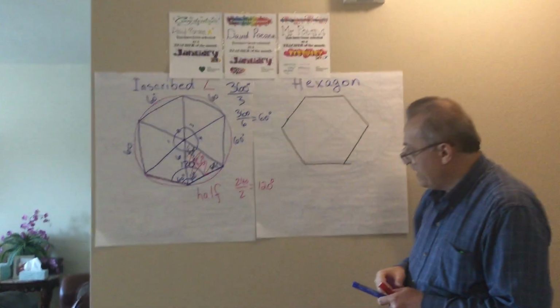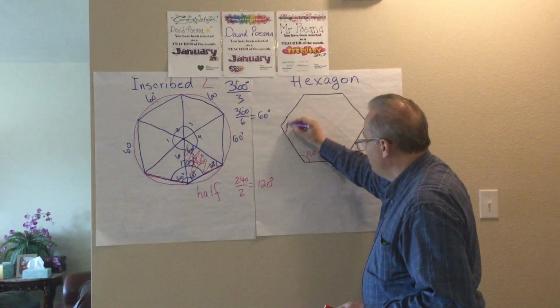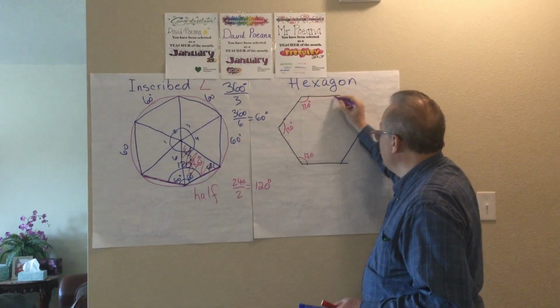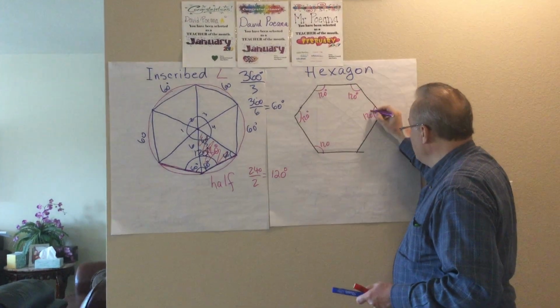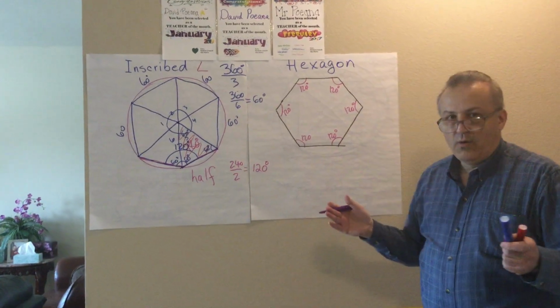Well, what do I know now? This angle is 120, and this angle is 120, and so on, all six angles are 120. Whoa!